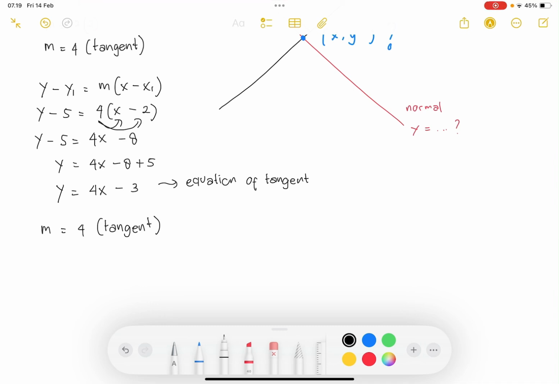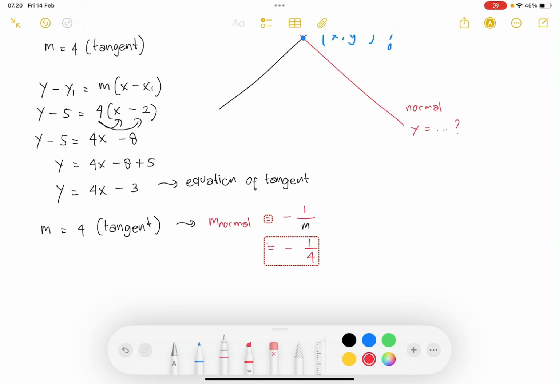That's why the m of the normal is minus 1 over the m of the tangent. The m of the tangent is 4, so this is minus 1 over 4. Done for the m of the normal.